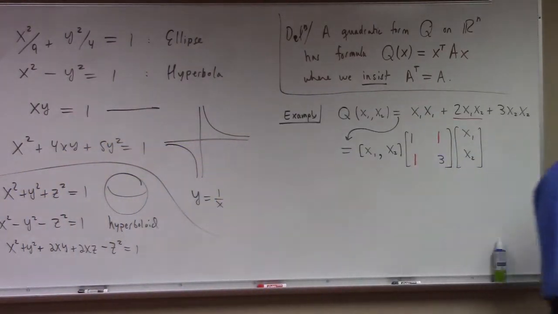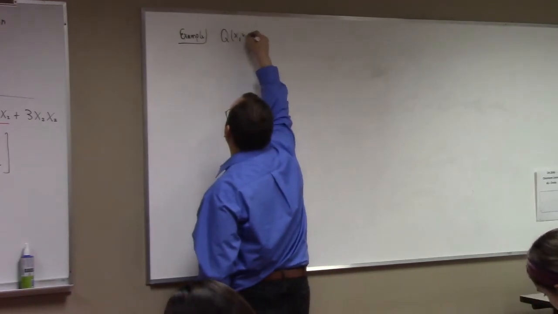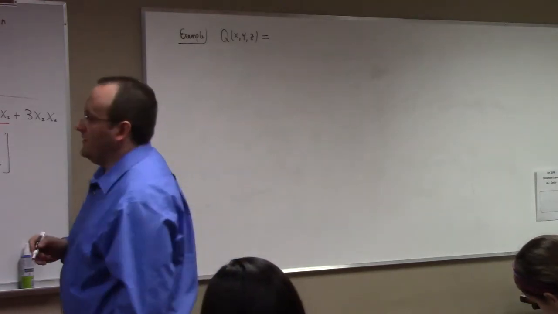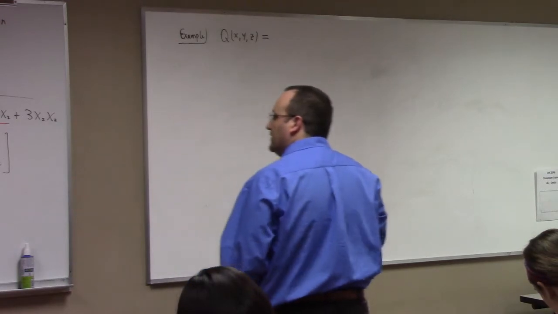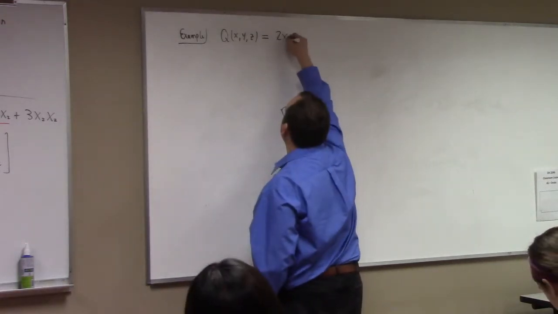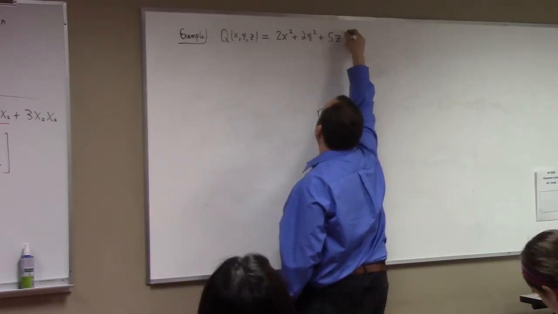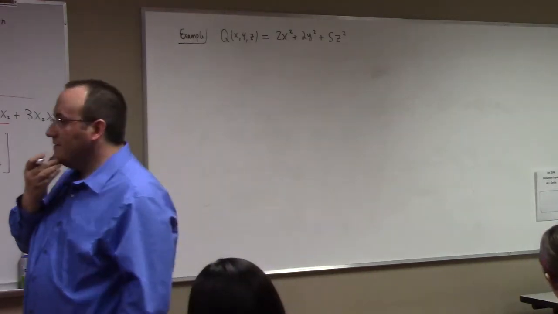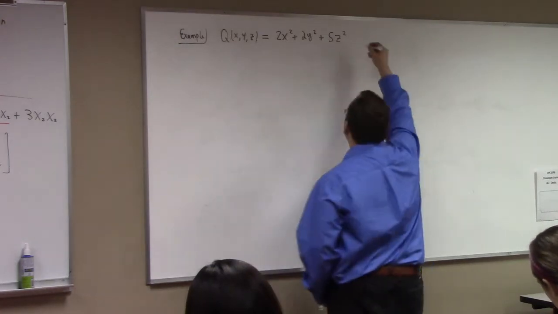Another example. This time I'll use x, y, z for my scalar variables. So if I had q of x, y, z equal to, oh, I don't know, how about 2x squared plus 2y squared plus 5z squared plus 4xy minus 2xz.